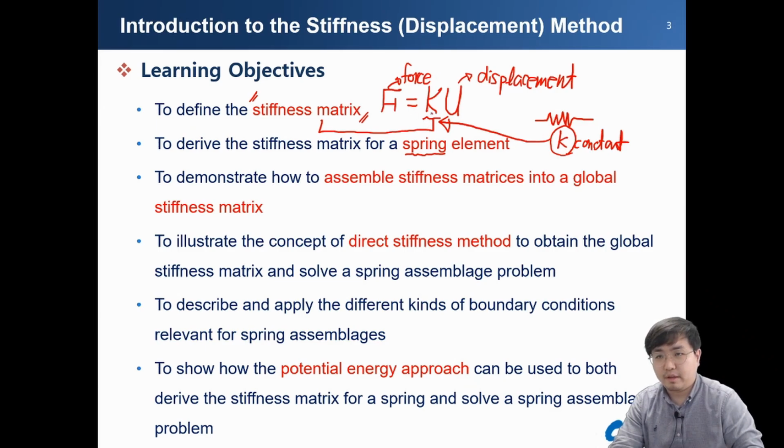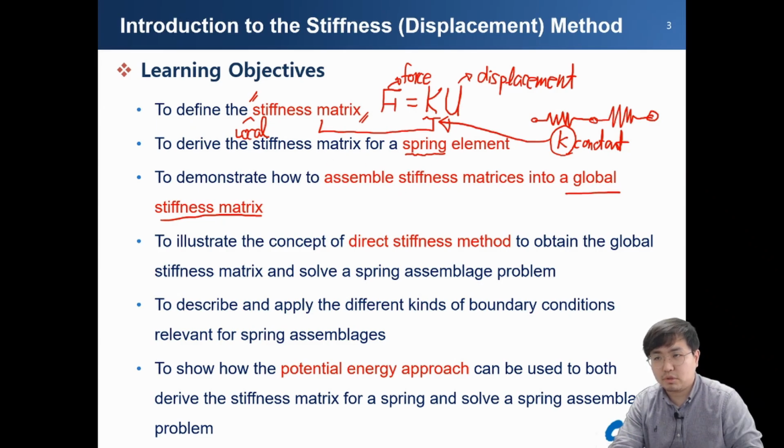After designing the stiffness matrix, actually the local stiffness matrix, we should assemble our real physical system, which has a series of spring elements, so we should assemble into the global stiffness matrix. We call this the local stiffness matrix, and the assembled one the global stiffness matrix.